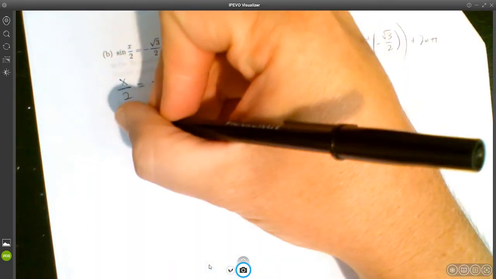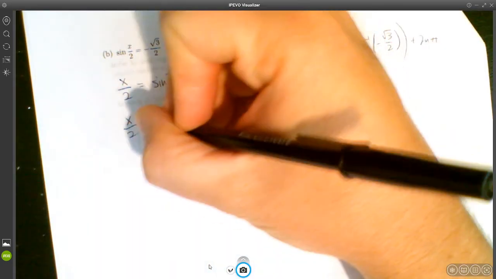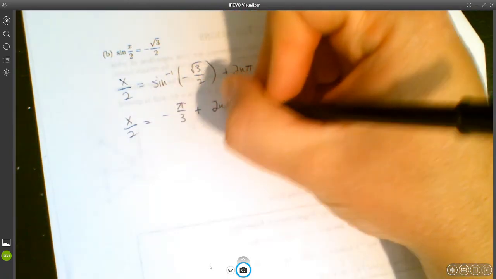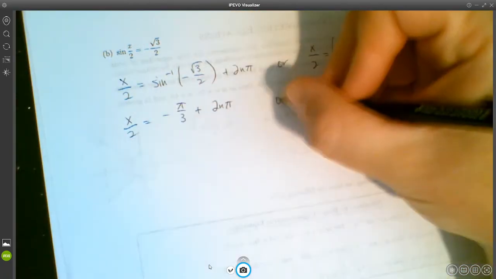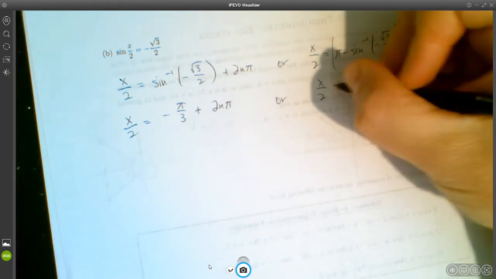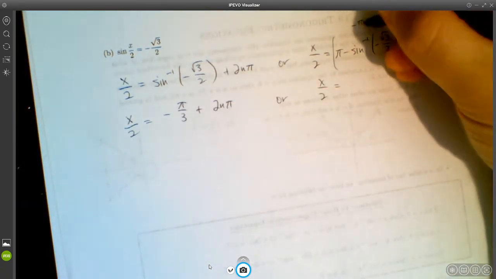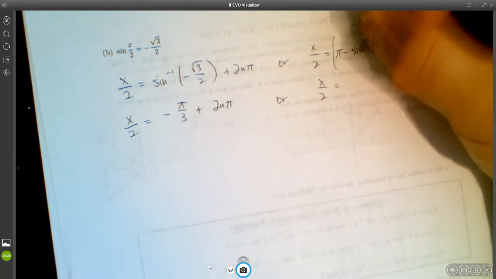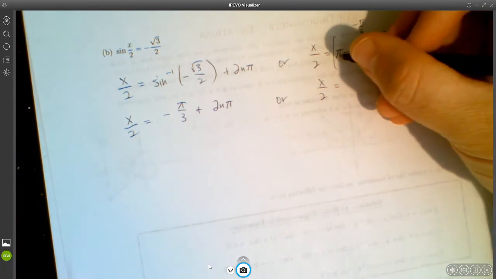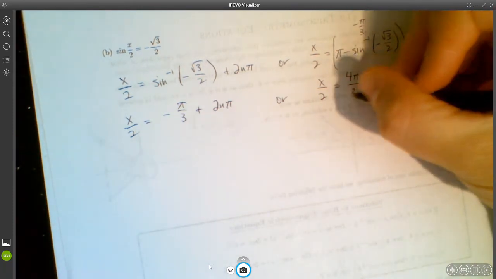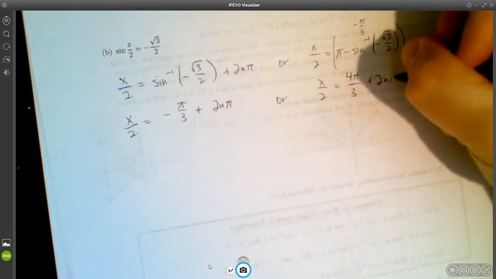So we're going to get x over 2 equals negative pi over 3 plus 2n pi, or x over 2 equals pi minus negative pi over 3, we decided, right? Pi minus negative pi over 3, that's pi plus pi over 3. That's 3 pi over 3 plus pi over 3, so 4 pi over 3 plus 2n pi.